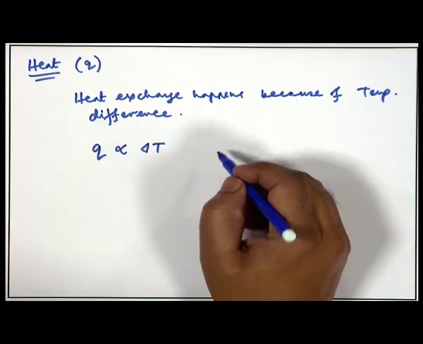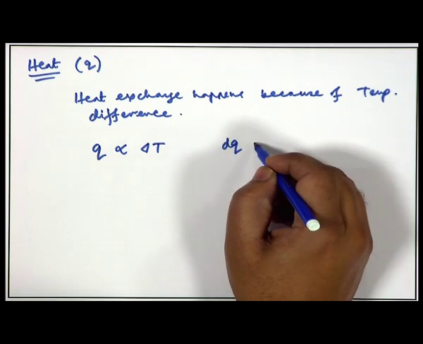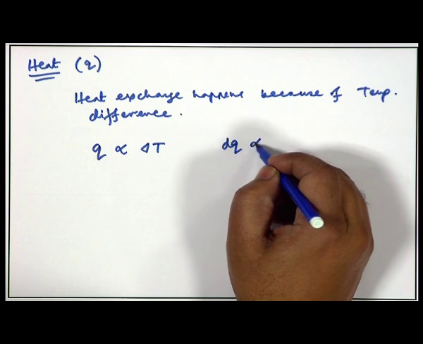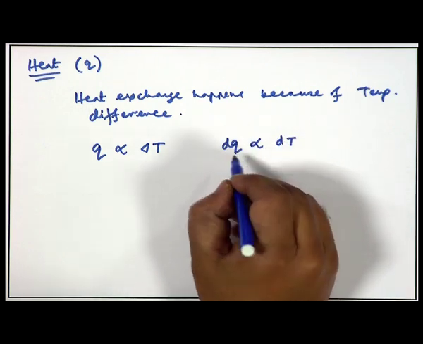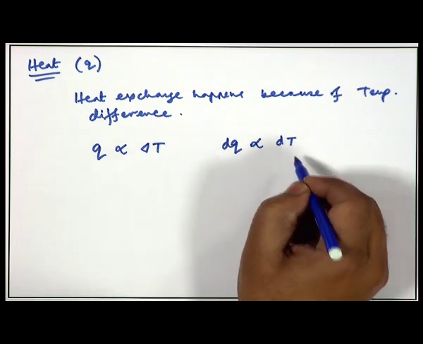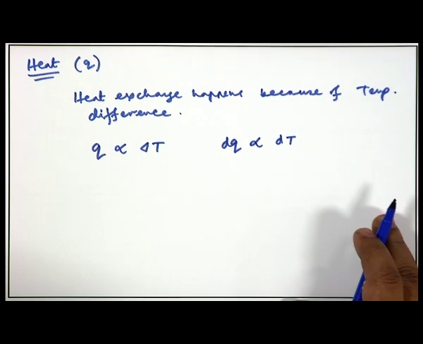And we know that this heat is proportional to the temperature difference of system and surroundings, and if we consider a small change, then we can write dq, which is a small value of q, and dT is a very small value of temperature difference.